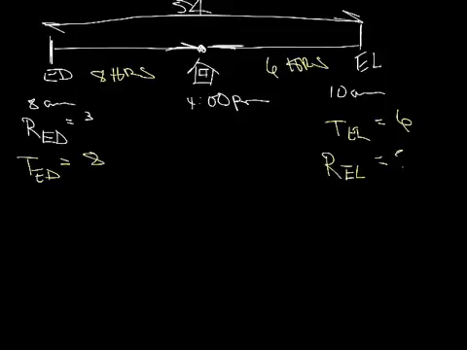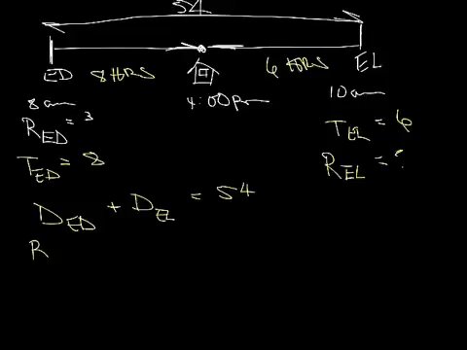All right, but I do know that the distance Ed went plus the distance Eleanor went was 54 miles. So that means the rate of Ed times time plus the rate of Eleanor times time is going to equal 54. I know that to be a fact.